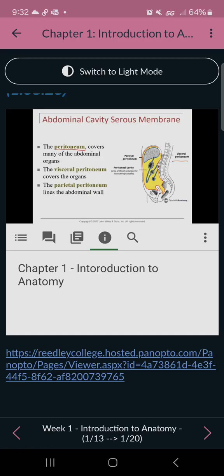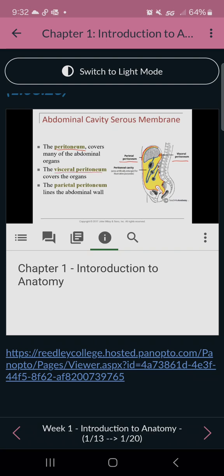So it's going to be the ones in those blue lines. And then we have the parietal peritoneum, which lines the abdominal wall covering the inferior surface of the diaphragm, which is going to be this red line all around the abdominal pelvic cavity.